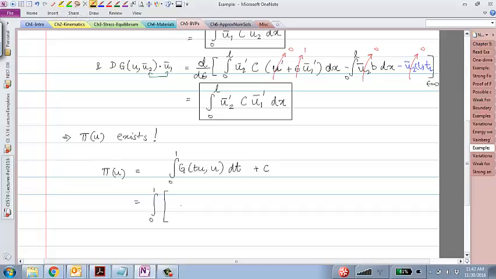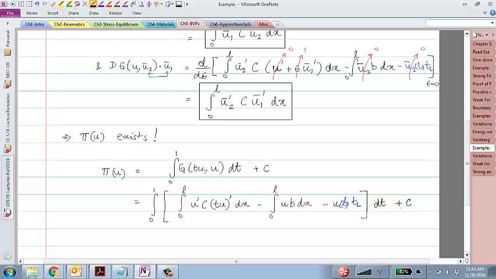What we get is the integral 0 to L of u bar prime c t u prime dx, minus the integral 0 to L of u b dx, and minus, I'll write it in blue, the boundary term, minus u of L TL, and I'll close the square bracket, and dt, and some plus constant c.